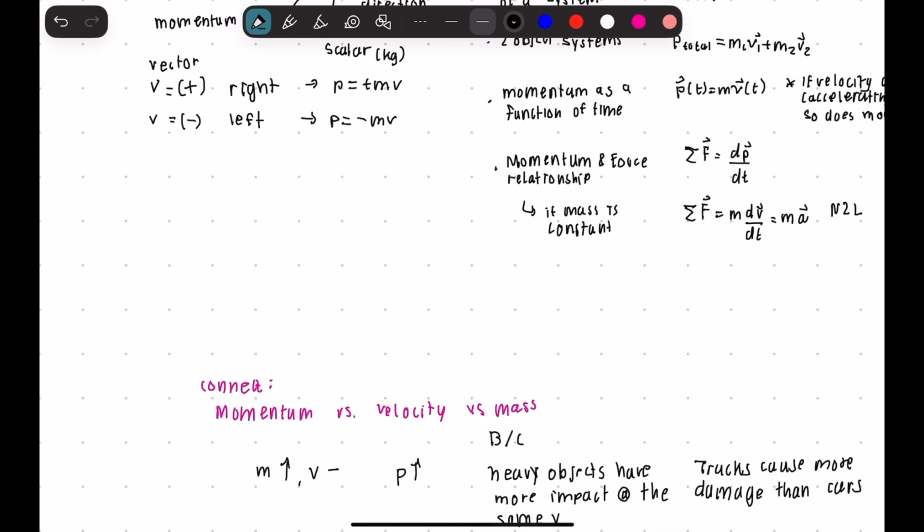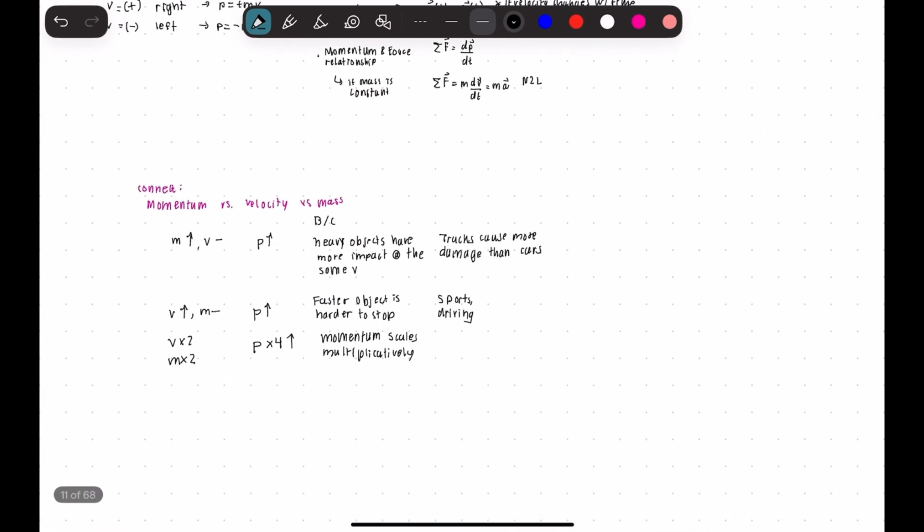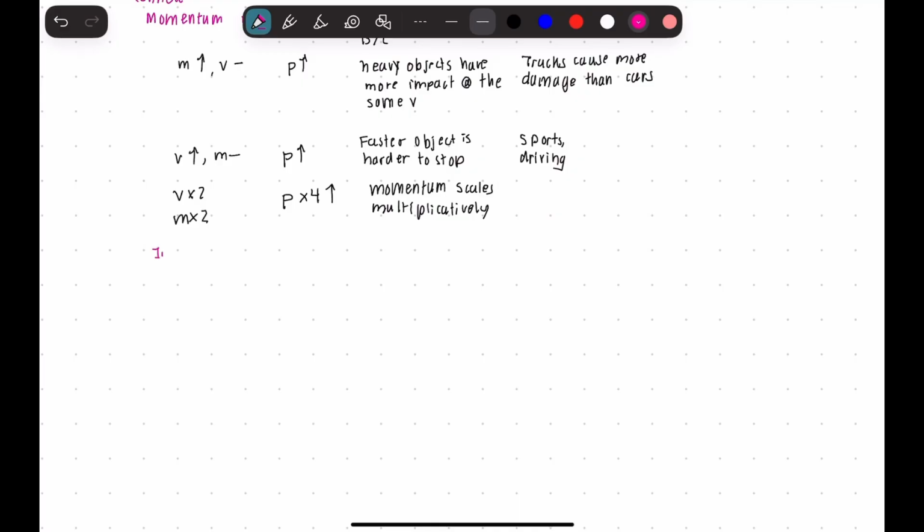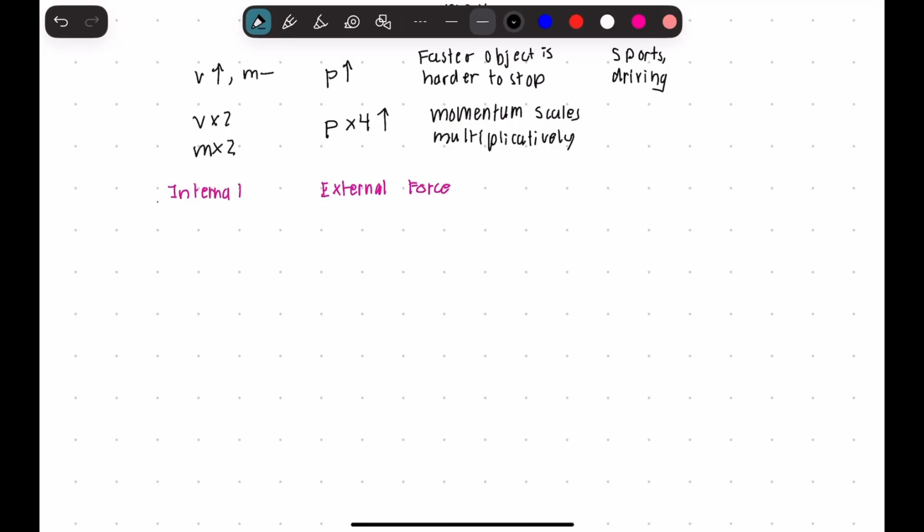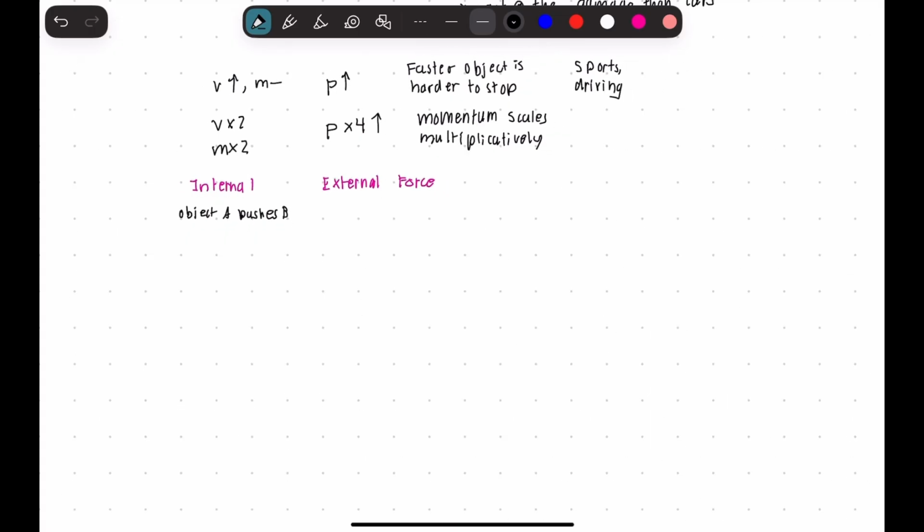Okay, so let's talk about internal versus external forces down here. Internal means that object A pushes B, and this means that momentum is canceled out.